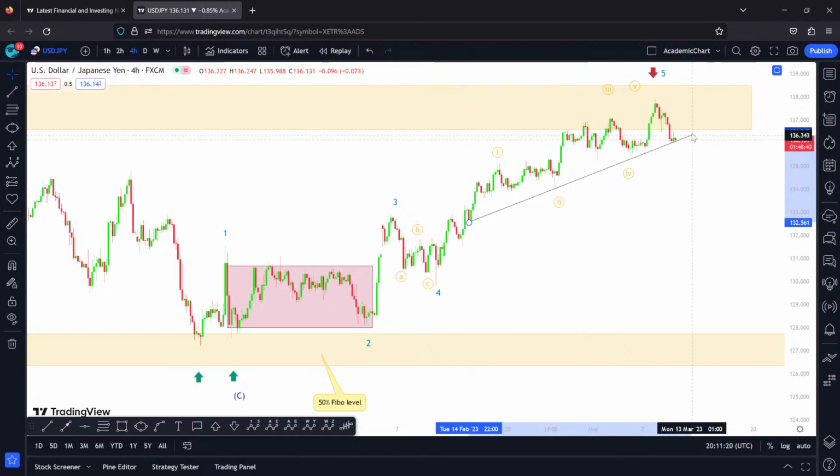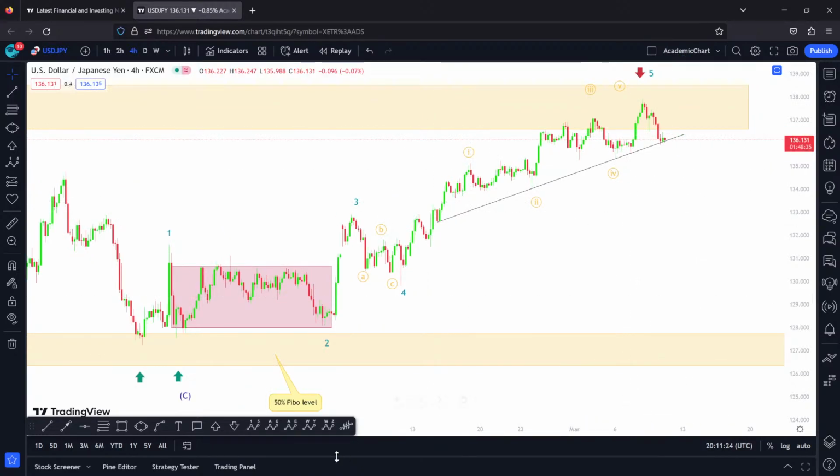I think it is a much better line. You can see that price has reacted to this several times, at the end of the second wave, at the end of the fourth wave, also sometime after that. I will just draw arrows.